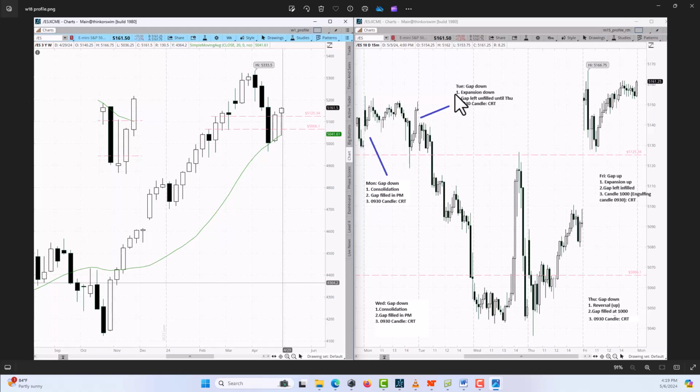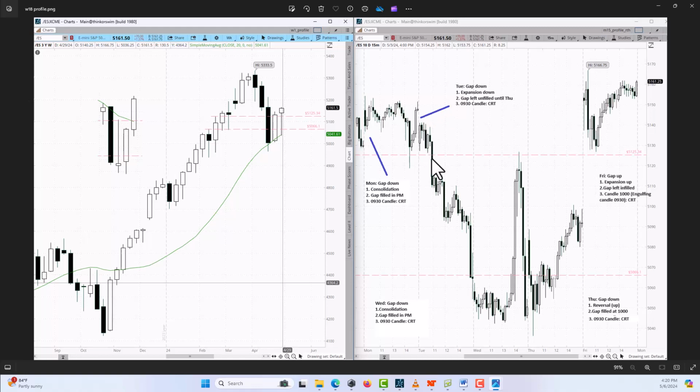Same right here, we have a Tuesday gap up, but the gap never fills until Friday. Because this is regular trading hours, you don't see the aftermarket and pre-market, but it may fill at the beginning or at the end, either at the end of Thursday or at the beginning of Friday.